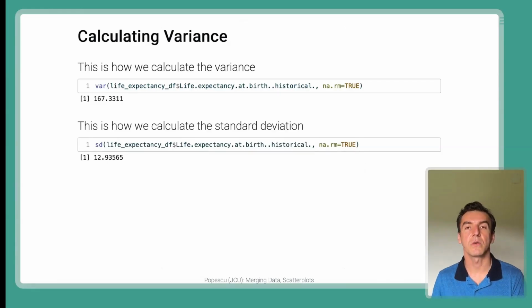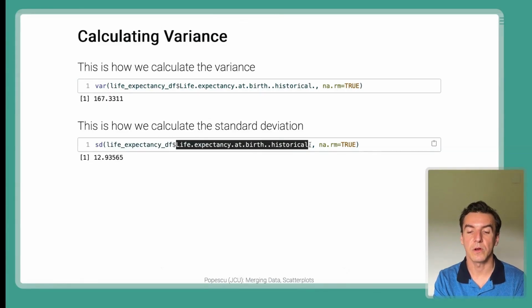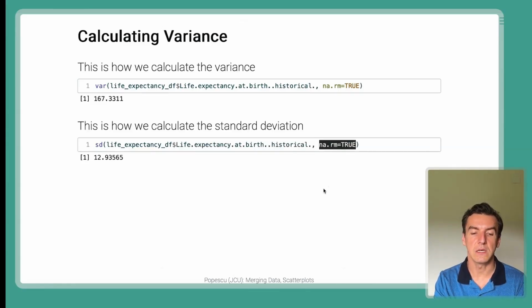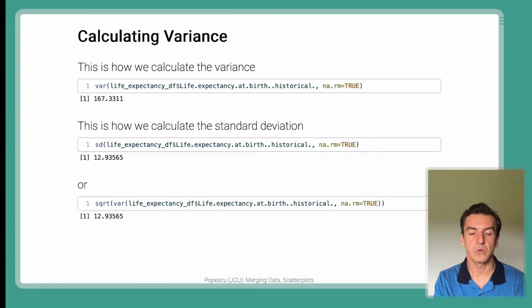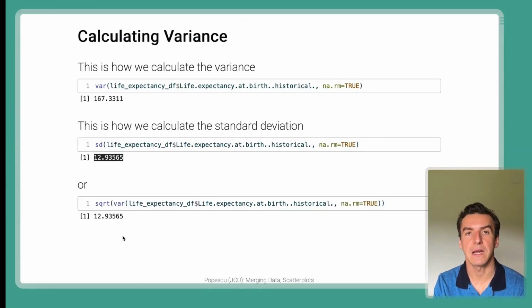If we want to calculate the standard deviation, we can also simply use this function, SD, and then the data frame, the $ sign, and then the variable that we are interested in calculating the standard deviation for, and we get rid of the NAs. Obviously, to just demonstrate that the standard deviation is the square root of the variance, we can simply do SQRT, so the square root of the variance, right? So notice how these numbers are exactly the same.